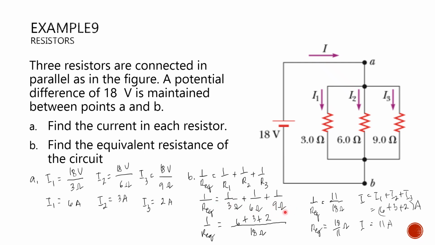But if you're really confident in the algebraic part of solving for the equivalent resistance, you can just add all the I values and then divide the 18 volts by 11 amperes, which would lead to the same value, 18 over 11.